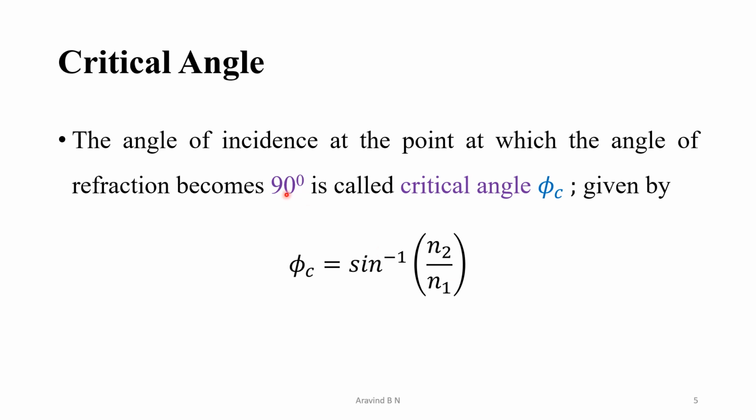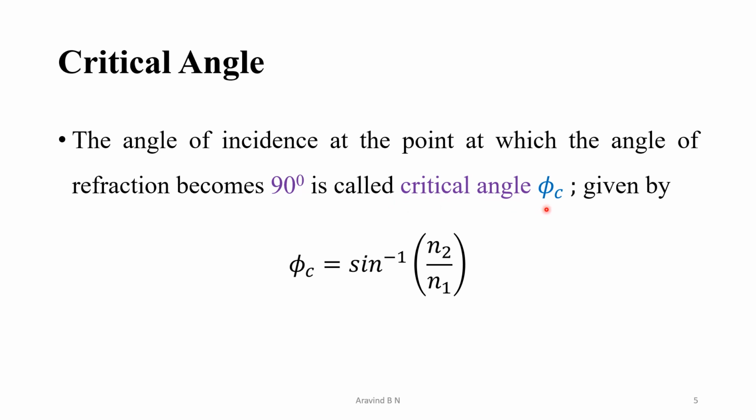Now let us have definitions for two terminologies. First is the critical angle, and next is total internal reflection. The critical angle: the angle of incidence at which the angle of refraction becomes 90 degrees is called the critical angle.